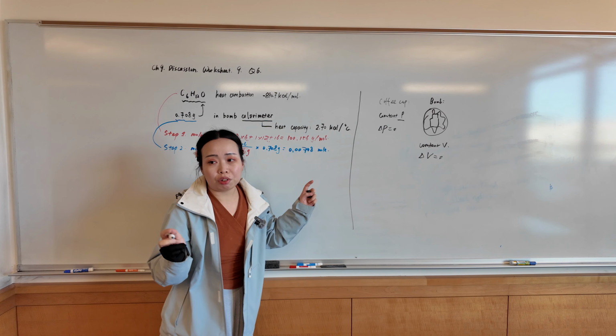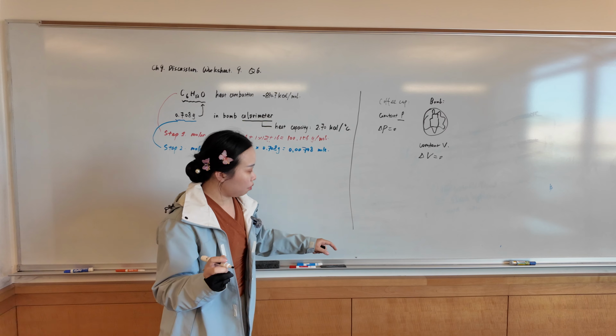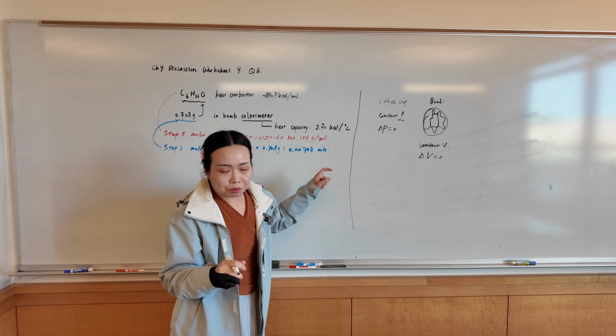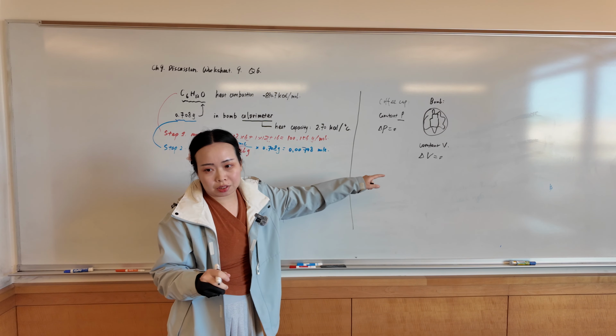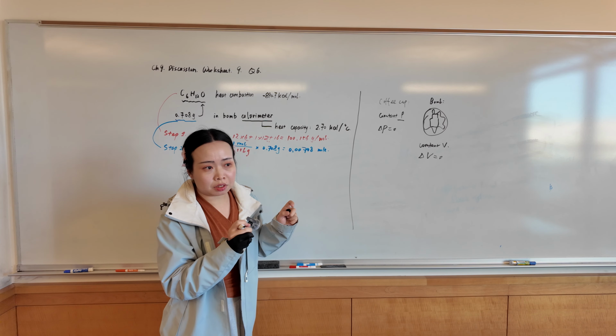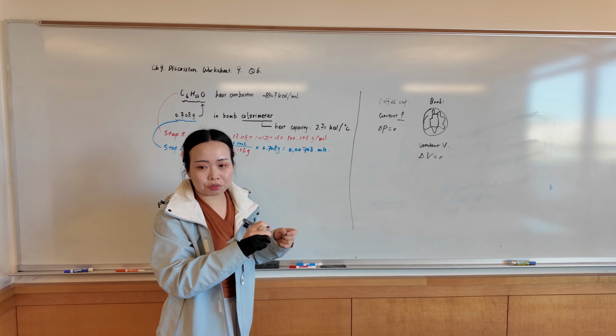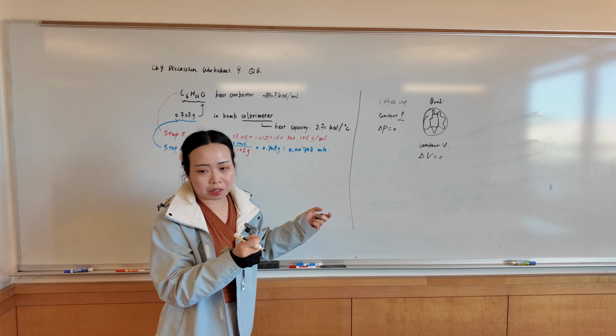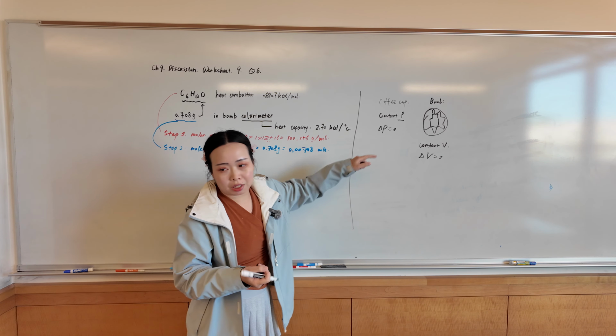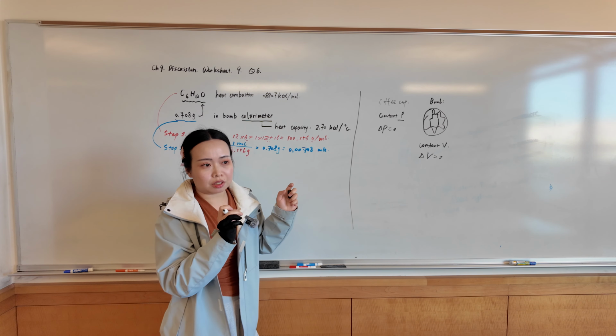Since you are here for review, let me ask another question. If you're doing reactions, like normal reactions in life or in lab, which scenario are you applying? That will be constant pressure because you do them under the air.